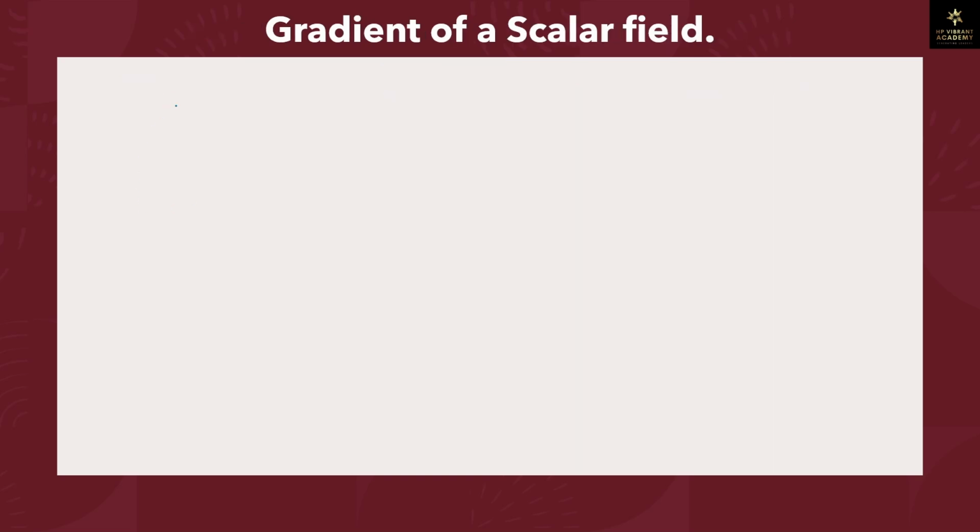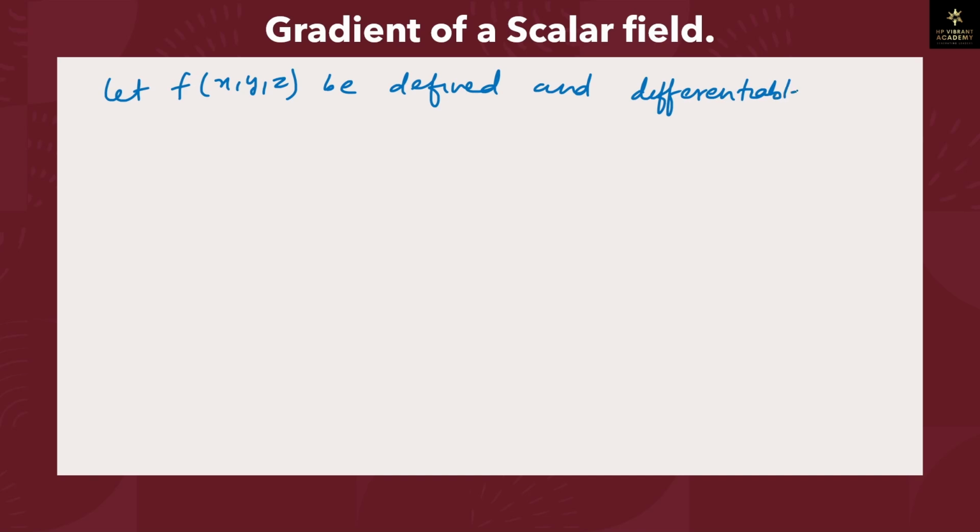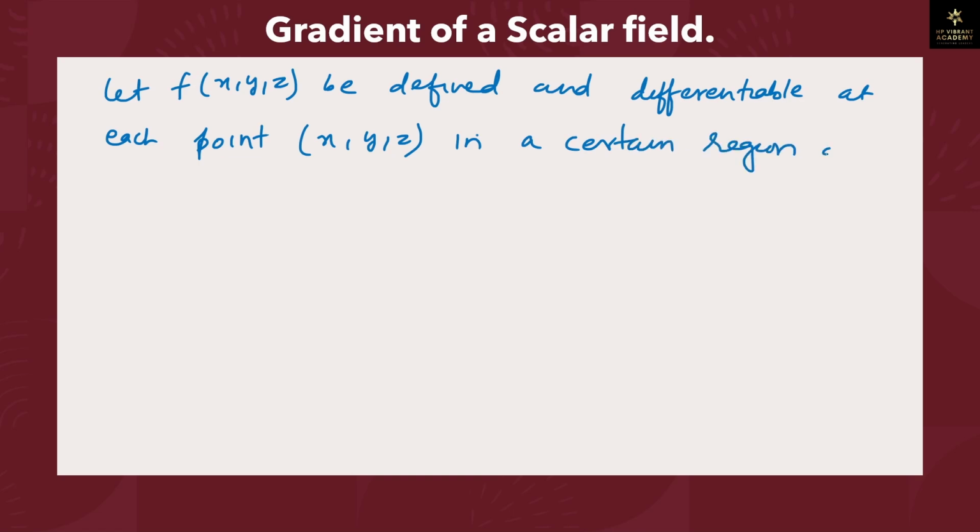Now let us discuss the gradient of a scalar field. Let f of x, y, z be defined and differentiable at each point x, y, z in a certain region of space.